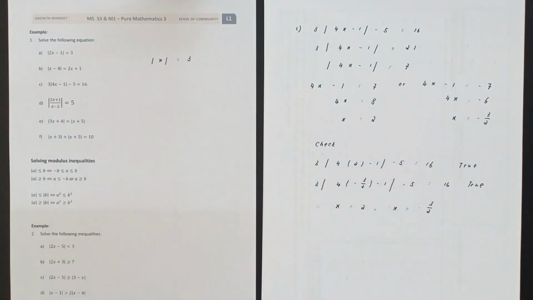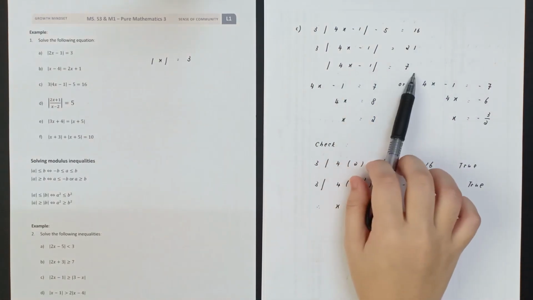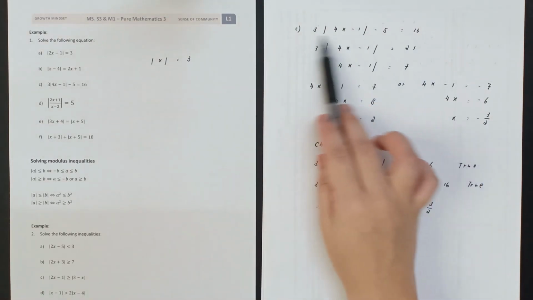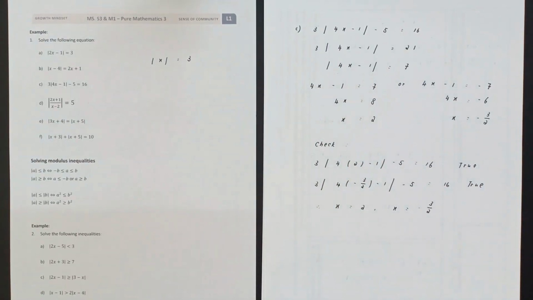It's the same thing if you need to draw your graph, right? Either you solve it up to this point, then draw a graph of y equals modulus 4x minus 1, and the other graph is y equals 7. Or if you want to do the challenging part, you can start from the first. Of course, you learned transformation before, right?